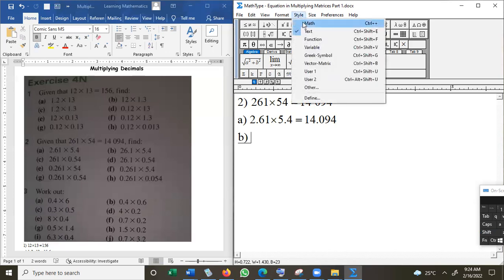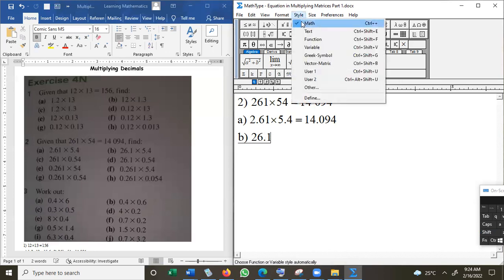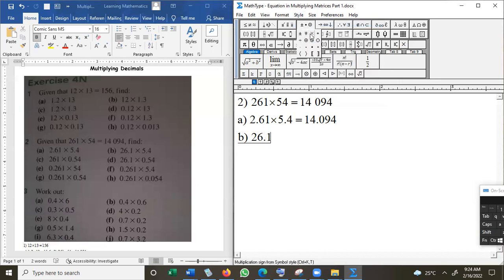So write with me. 26.1 times 5.4 equal. So 261, 54. So the answer must have 14094.